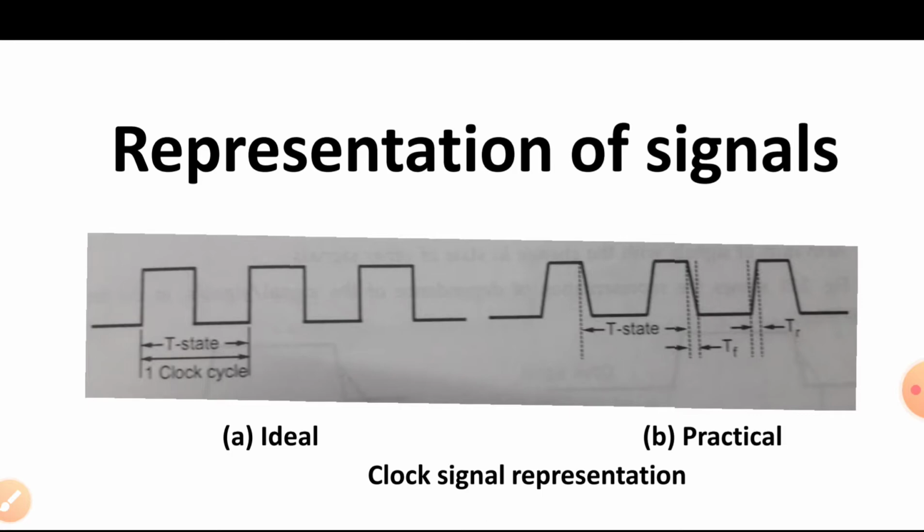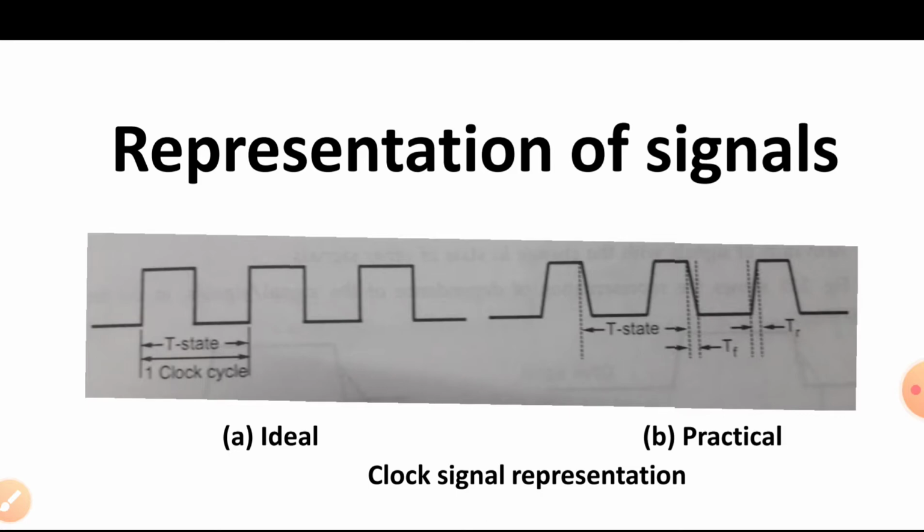All the operations done by the 8085 are synchronized with this operating frequency. Therefore, in the timing diagram, the operating frequency clock is always shown on the top, and the signals are shown with reference to that clock.